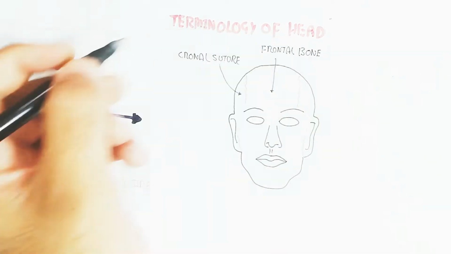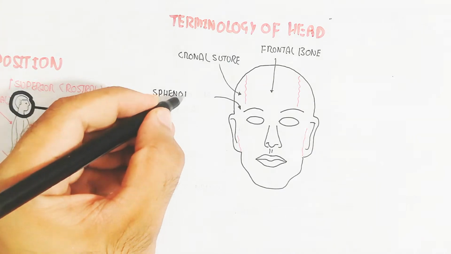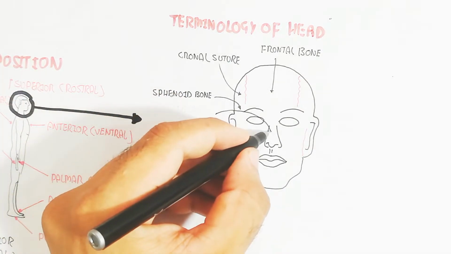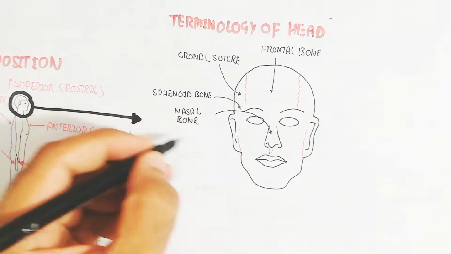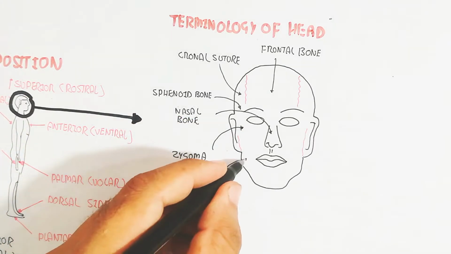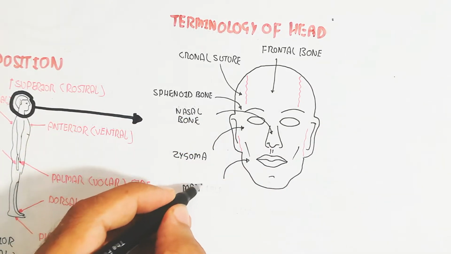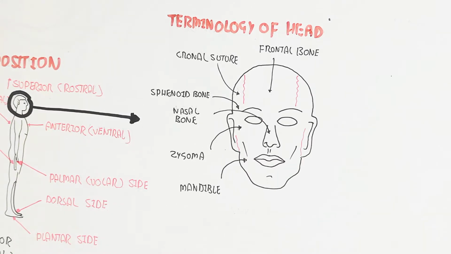This is the frontal bone, this is the sphenoid bone, this is the nasal bone, this is the zygoma, and this is the mandible.